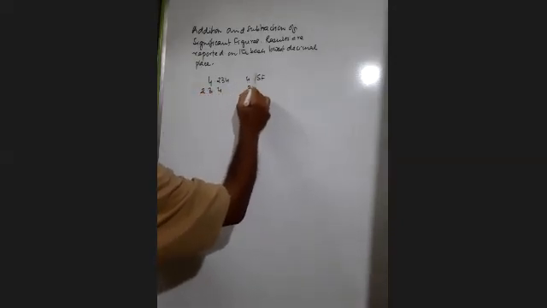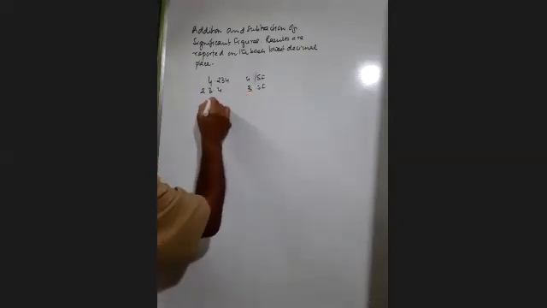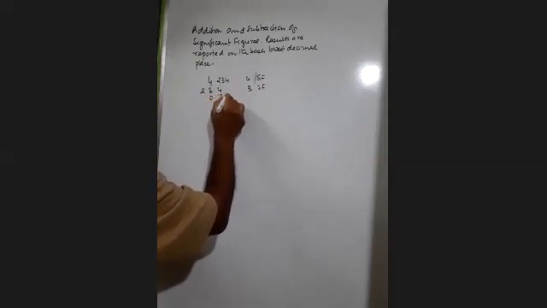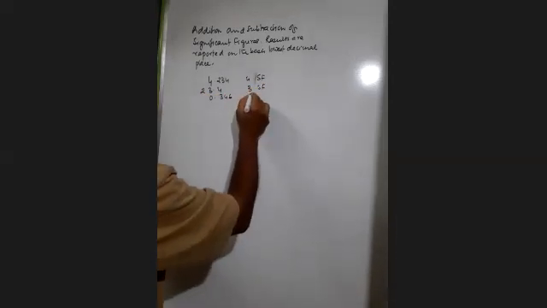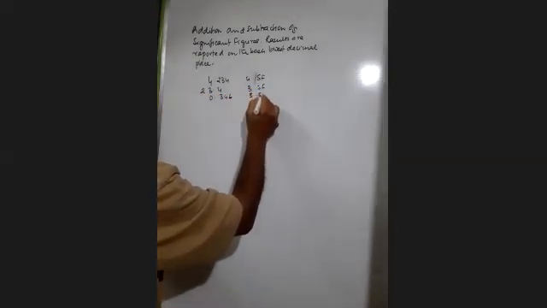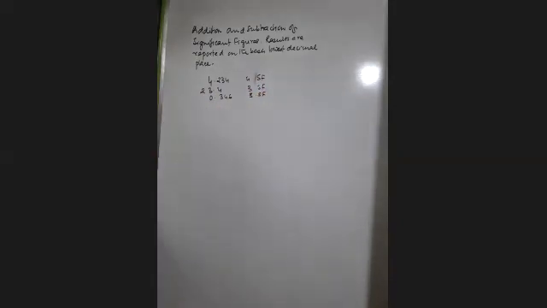So it is 3 significant figures. Now let us assume it is 0.346. So it is also having 3 significant figures. Why? Because if you have a 0 before the number, that is not being considered.